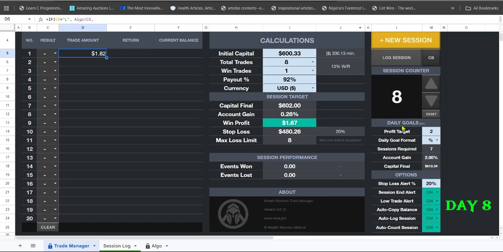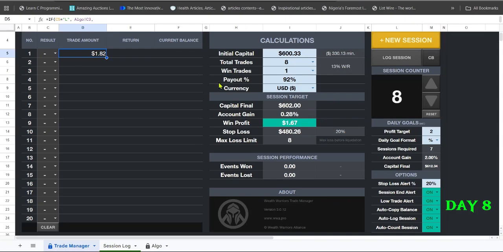Today our goal target, we are looking to make 2% out of our total balance account, and that will generate us 7 sessions. So we are going to be having 7 trading sessions, and each trading session contains 8 trades, and out of each 8 trades, I'm expected to win 1.